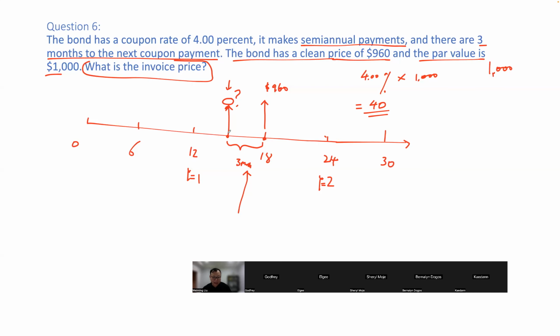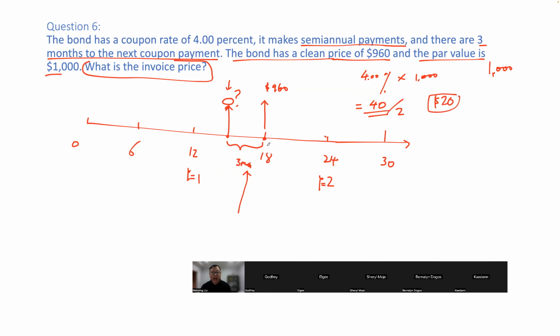Because the transaction time is in the middle of 2 coupon payments, the seller is entitled to half because he's holding more time longer, right? So he's entitled for the half payment of the next payment. So that will be the $20, right?